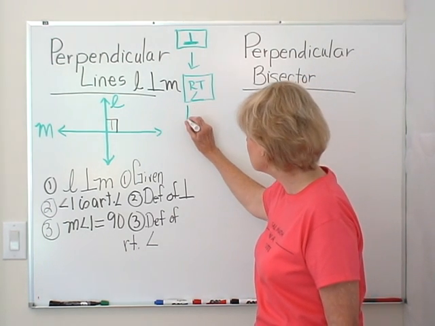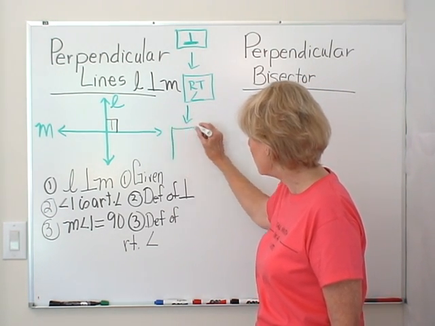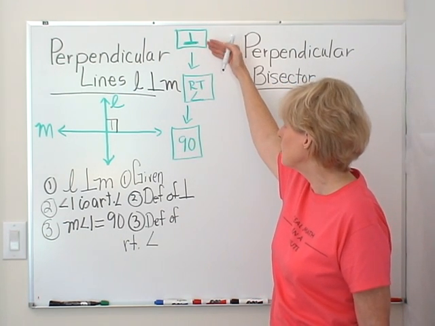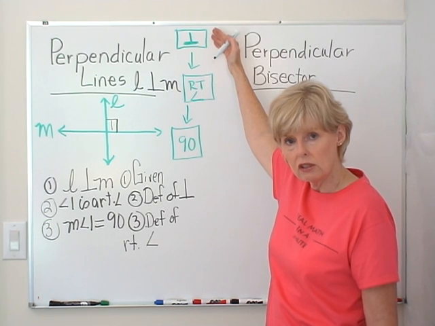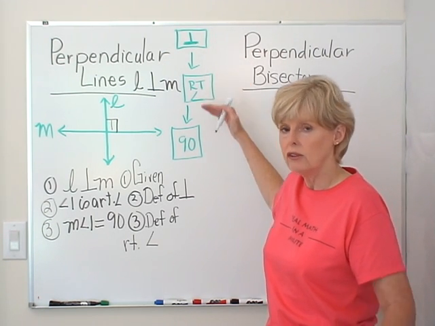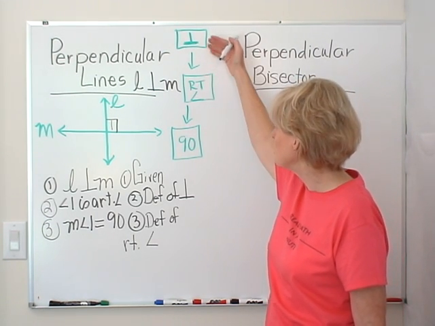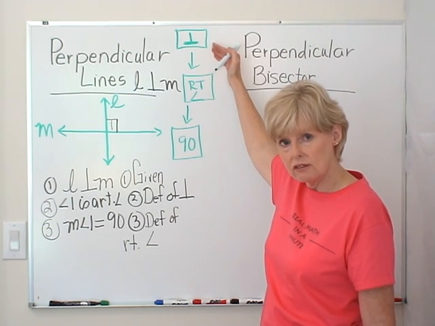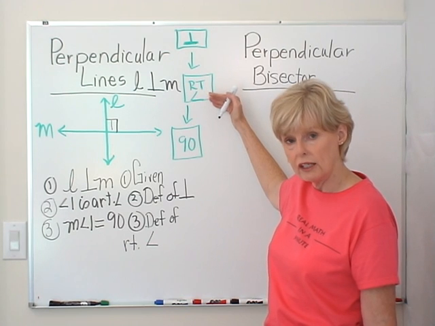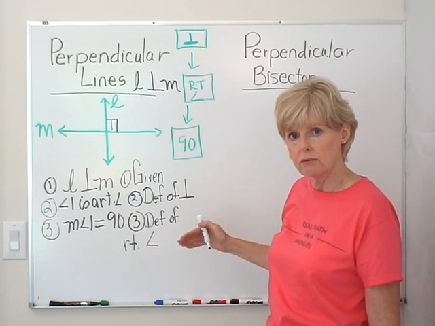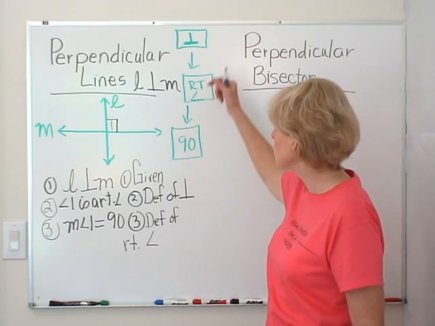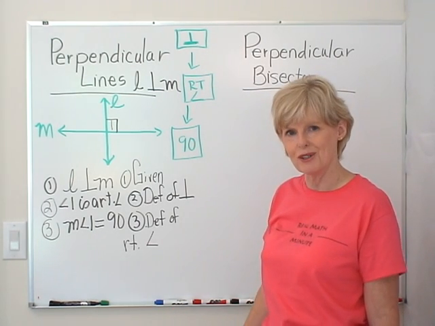And what that leads us to is we have 90 degrees. So this is the way our thinking proceeds. Perpendicular, right angle, 90 degrees. We don't skip that and go from perpendicular to 90 degrees. We go logically in step, perpendicular, right angle, 90 degrees. And that's almost every time you see perpendicular, your thinking will proceed in that manner.